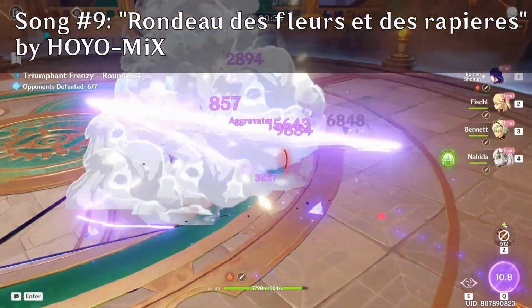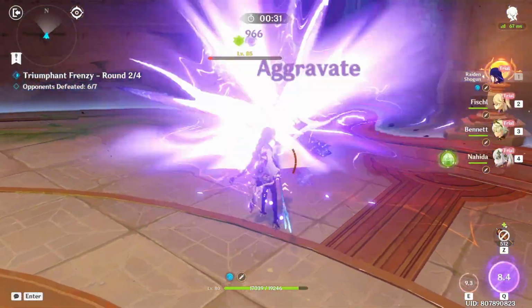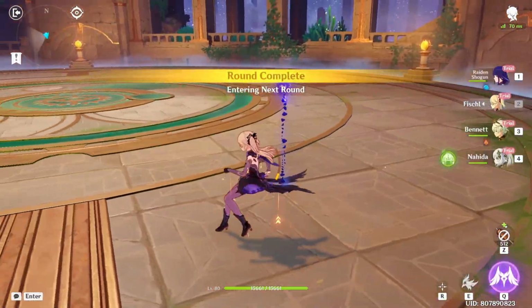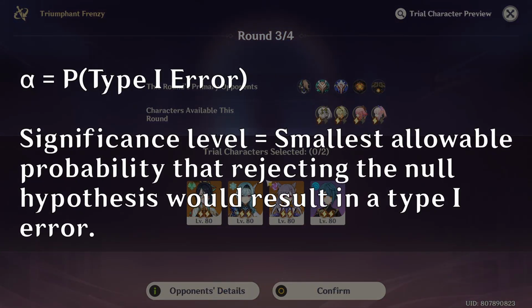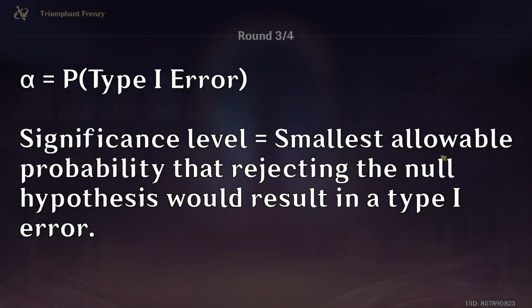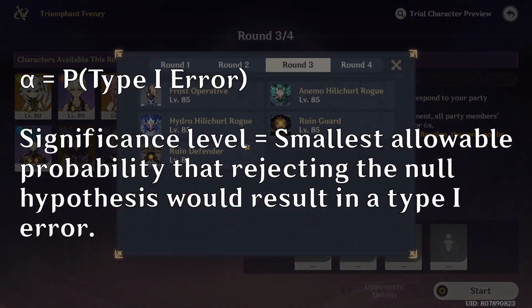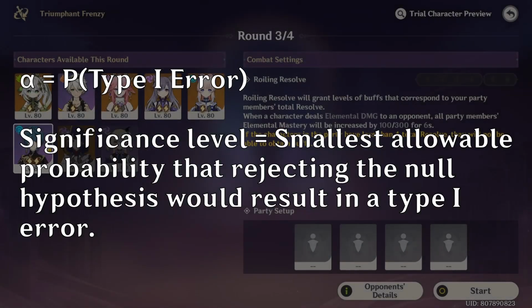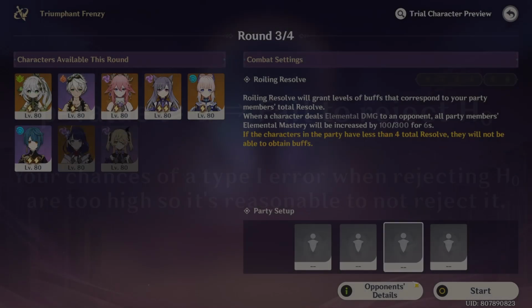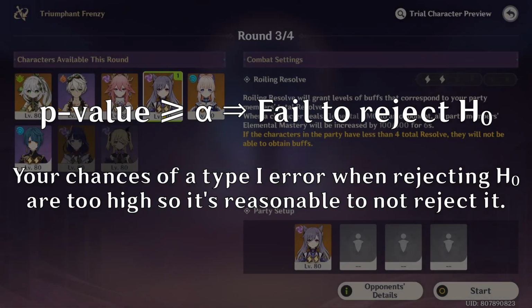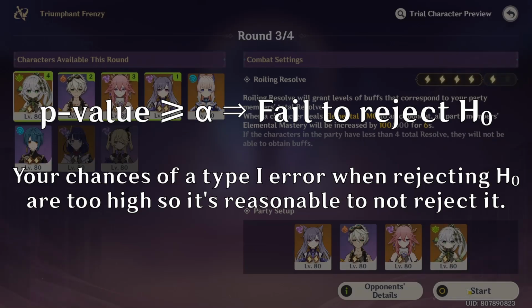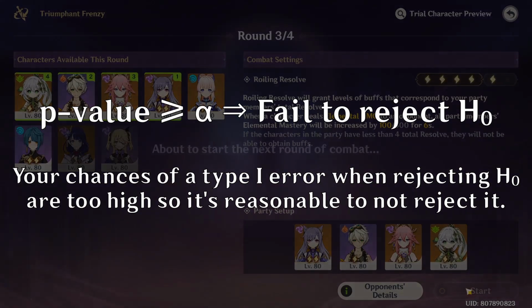In statistics, we define the tipping point that we were referring to as the level of significance, or significance level, denoted as alpha. The significance level is defined as the smallest allowable probability where choosing to reject the null hypothesis with anything more likely would reasonably result in a type 1 error. This means that if your data suggests that the probability of a type 1 error is greater than the significance level, it's within reason that rejecting the null hypothesis would likely result in a type 1 error.